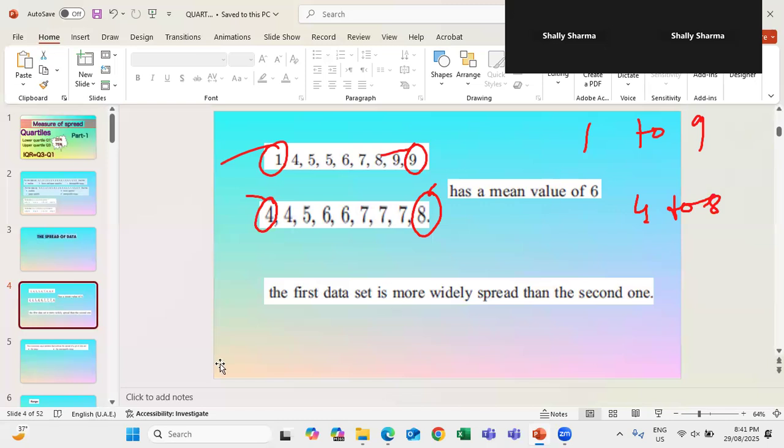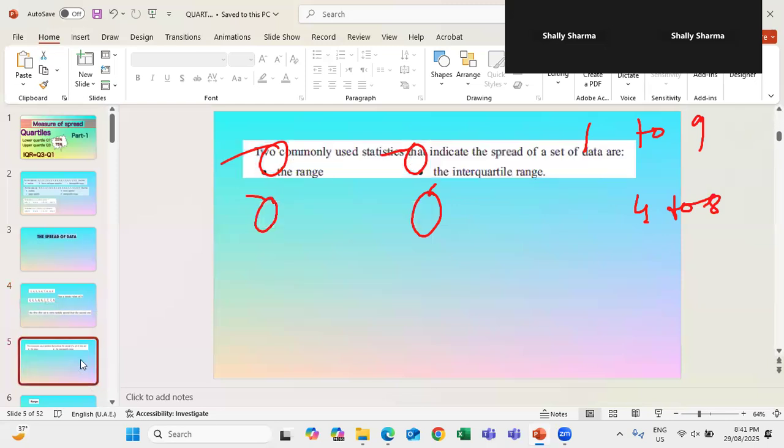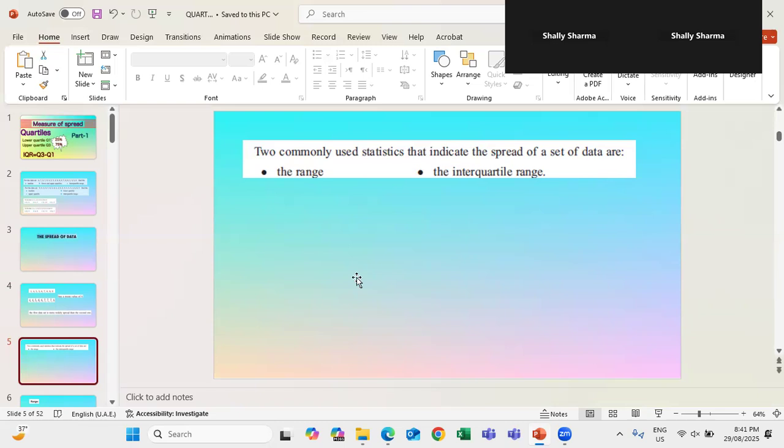Now when we talk about the measure of spread, one of the important concepts we use is known as quartiles. Two important terms I'm going to explain here: when you discuss the spread for a set of data, we discuss two things.